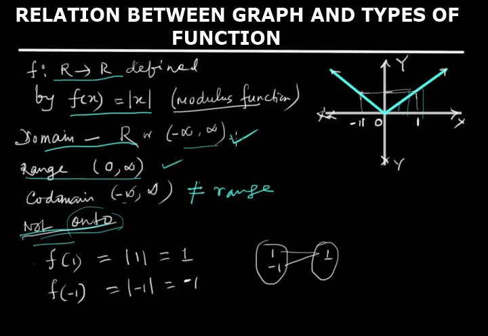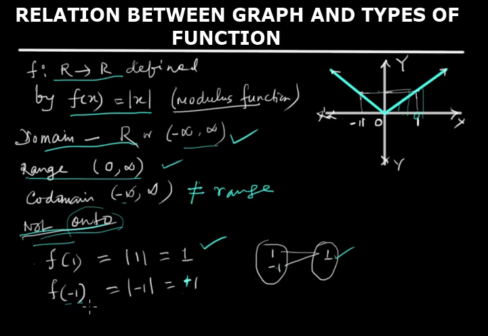Second thing, we see at 1, the value of y is also 1. And at minus 1, the value is also 1. So minus 1 and 1 are mapped, and the image is 1.